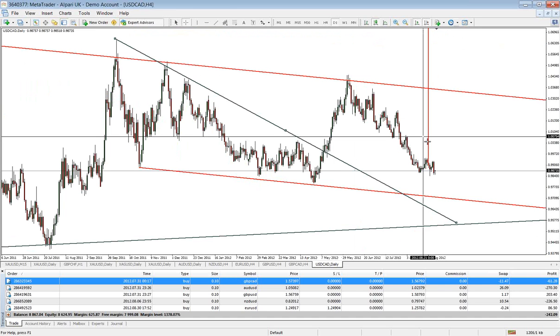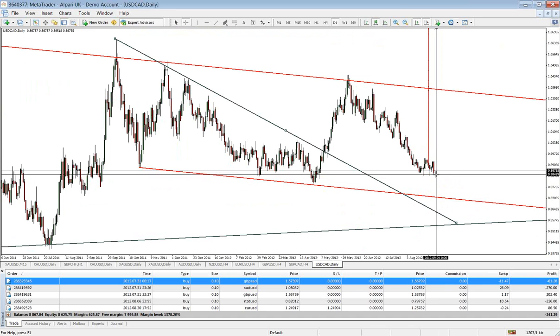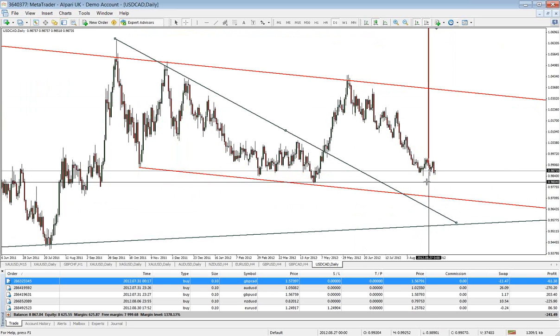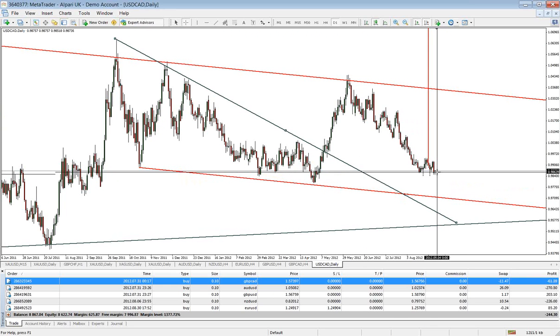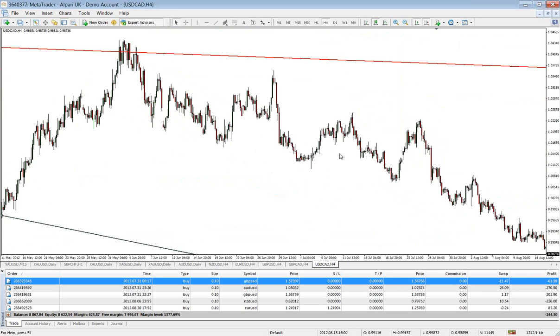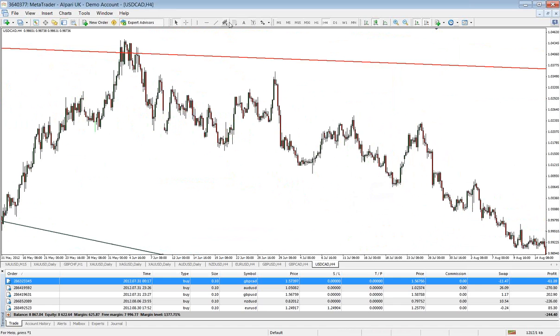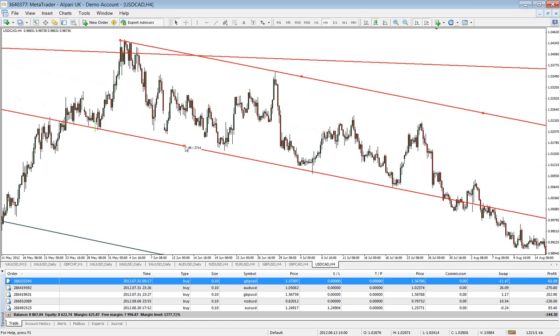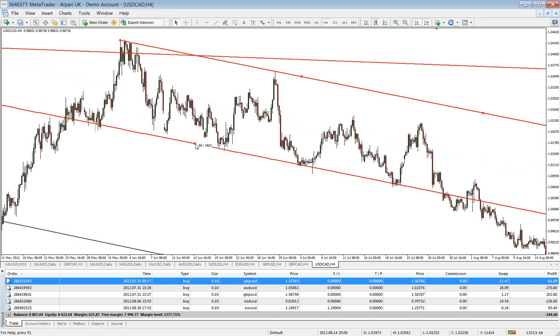Then there will be some clarity in the market whether we're going to break on the downside or continue ranging. I do not expect very strong moves on the upside, and I think we will continue this downtrend with the Canadian dollar long term. Now let's see the channels, what we can get from there.